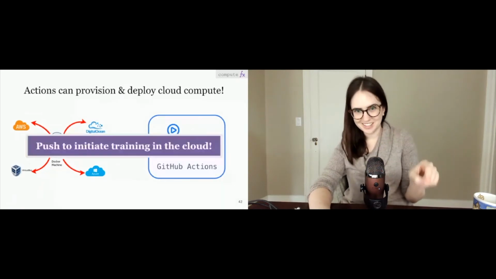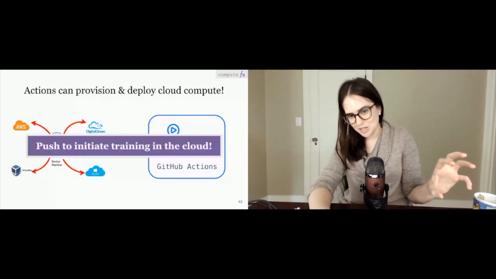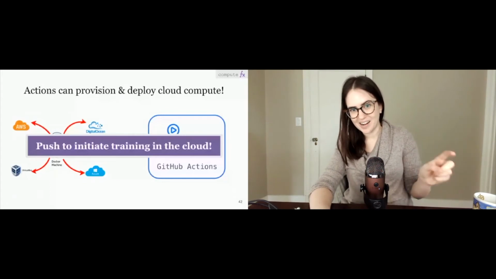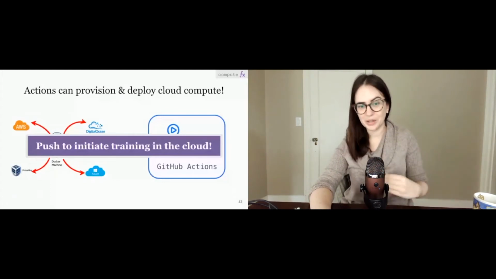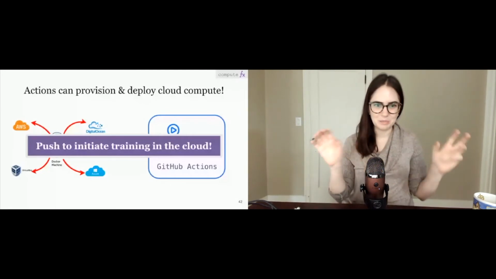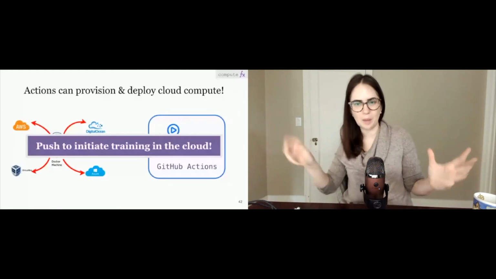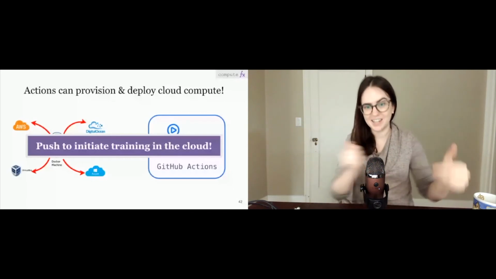It will turn it on, the EC2 GPU will run your job, and then it will turn off at the end. So you don't have to have your GPU machine on listening for jobs. It will be turned on by GitHub Actions.